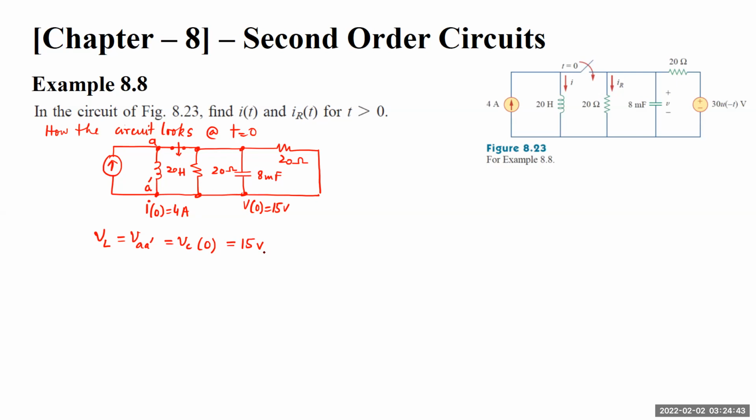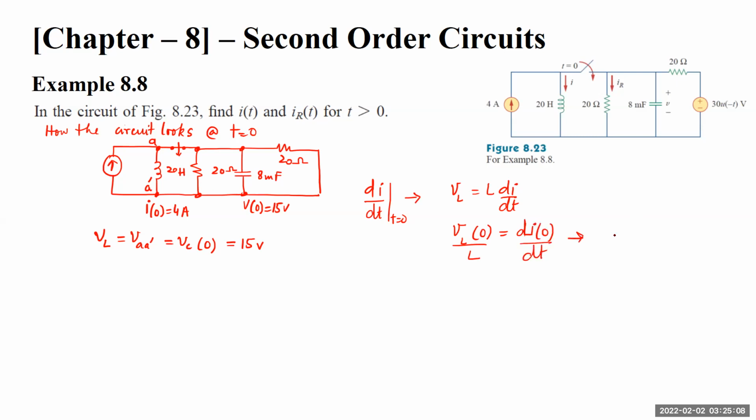So this is 15 volts. Now if we have to find out di/dt at time t equals 0, we know that VL equals L times di/dt, and using this equation at time t equals 0, this can be written as this.